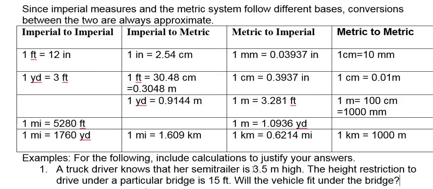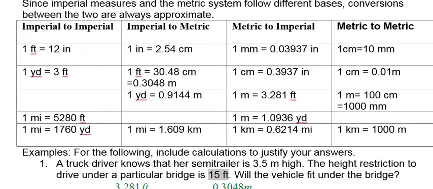We could either convert the 3.5 meters into feet, so we can see that it fits under or doesn't fit under, as the case may be, the bridge. Or we can convert the bridge, the feet, back to meters. It really doesn't matter which way you pick to do this one. Either way is going to work. So I'm actually going to show both ways.